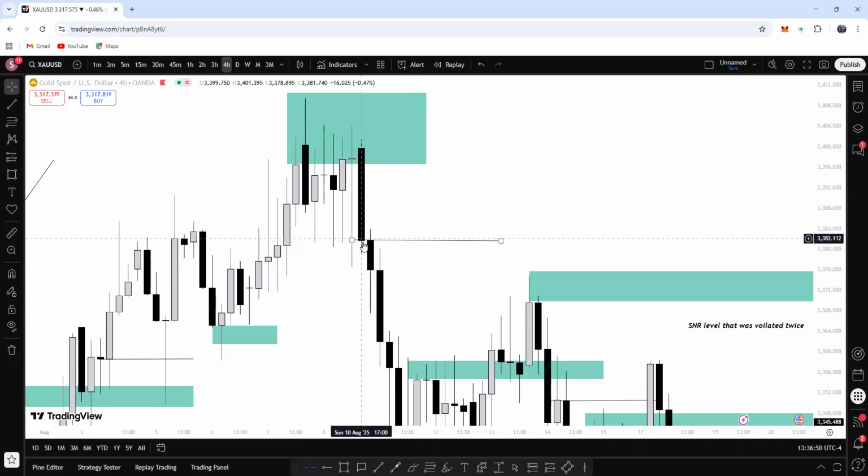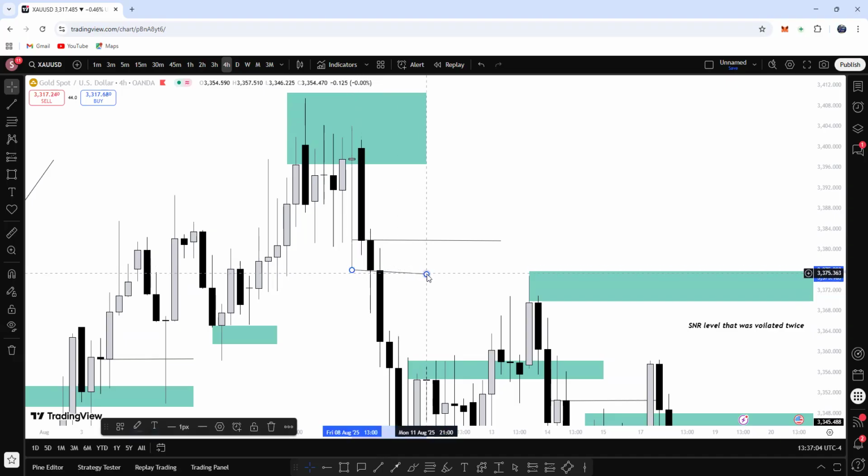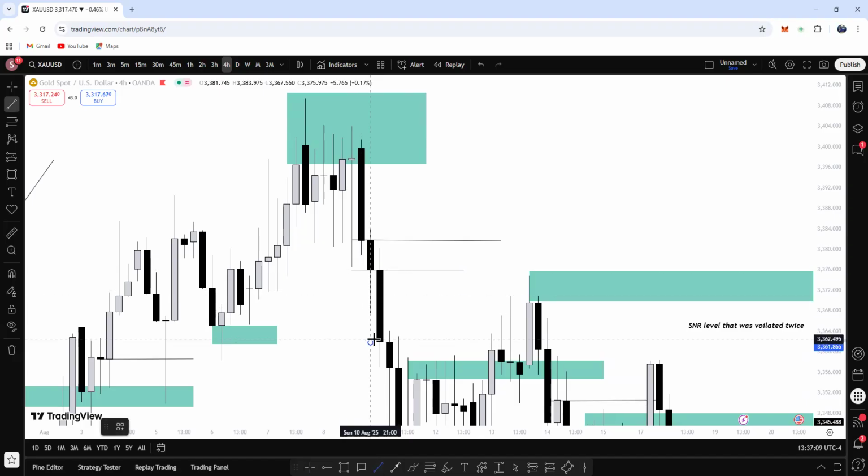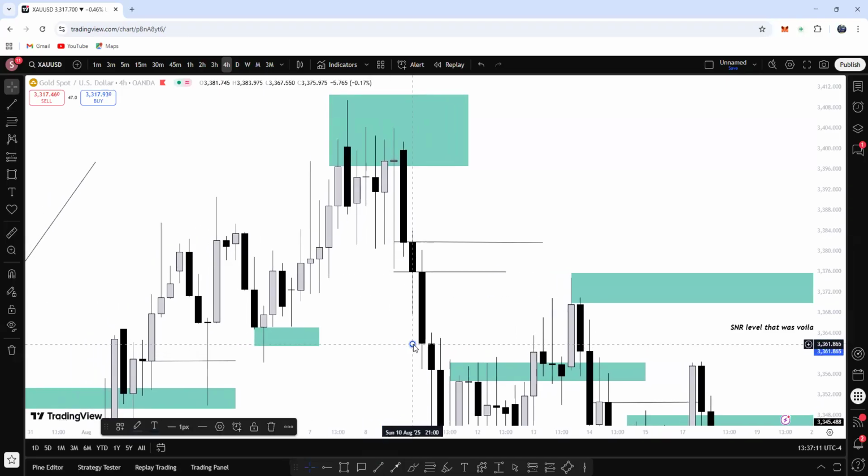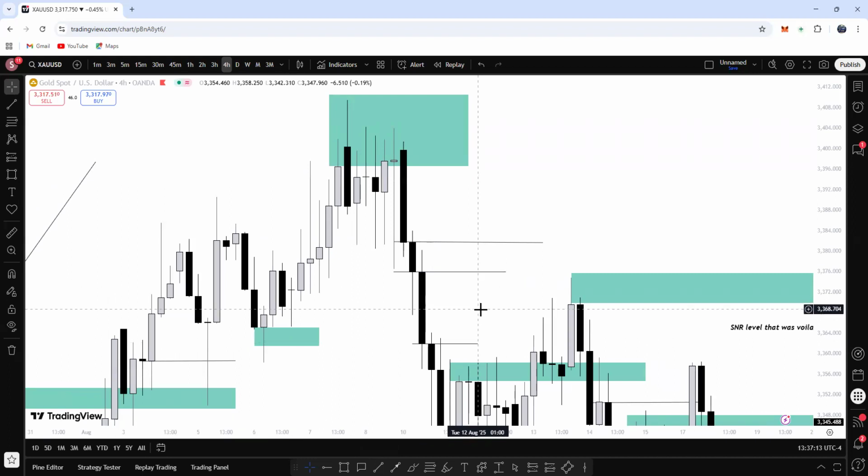When a candle closes, then another one opens, that's a level. This is a level here. This is a level here also. This is what we call open and close SNR. Why the extreme here, like I told you, is classic SNR, guys.